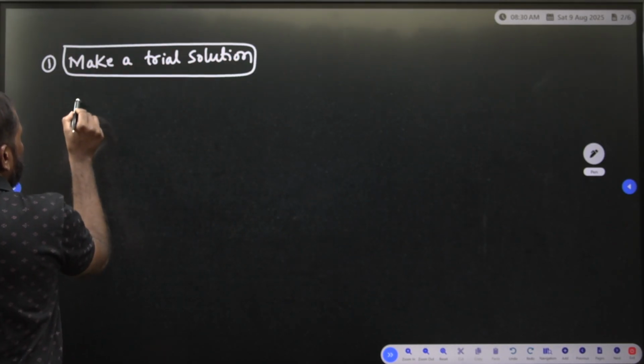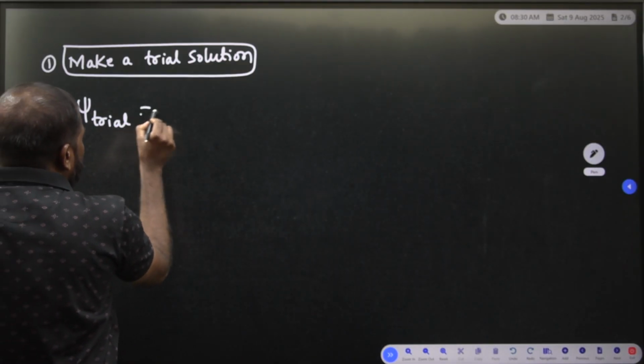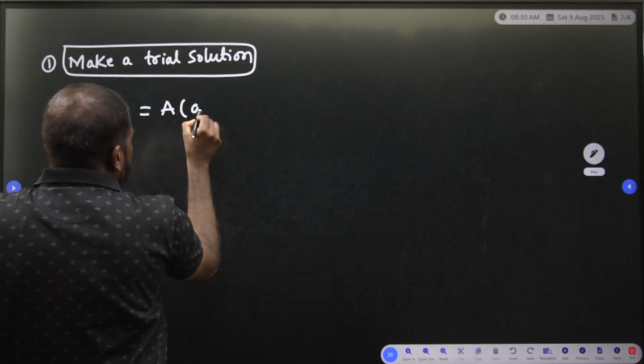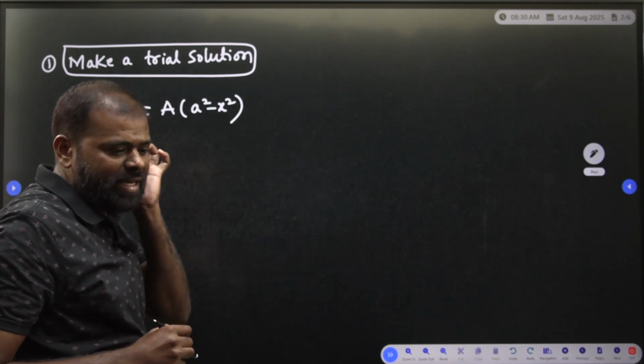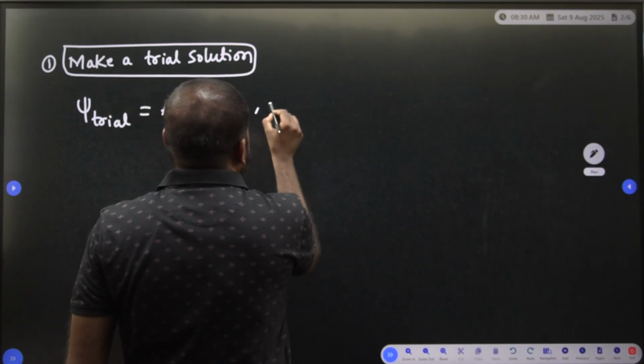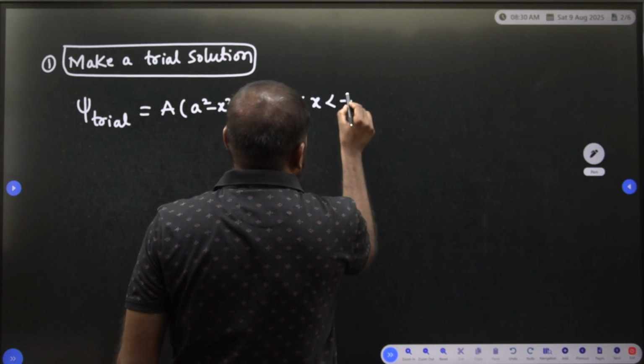Already the trial solution is given: a square minus x square, when minus a is less than x is less than plus a.